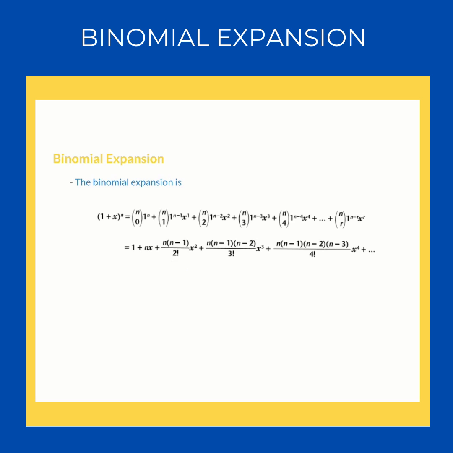And by 2 factorial, I mean 2 times 1, plus n times n minus 1 times n minus 2 over 3 factorial x cubed, and 3 factorial is equivalent to 3 times 2 times 1, plus n times n minus 1 times n minus 2 times n minus 3 over 4 factorial times x to the power of 4. And by 4 factorial, I mean 4 times 3 times 2 times 1, and so on.